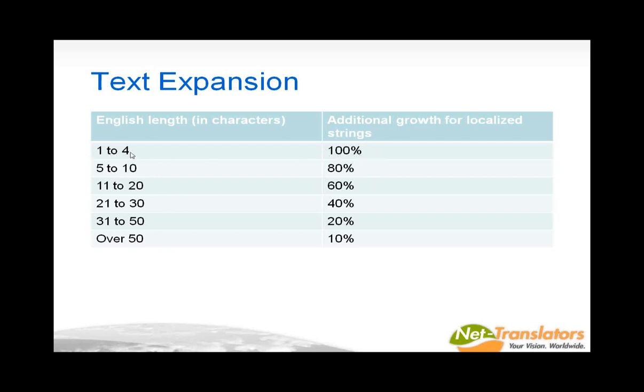So if you have 1 to 4 characters, then you need to have a space of up to 8 characters to take into account additional growth for the localized strings. If you have more than 50 characters, then you have to leave about 55 character spaces.